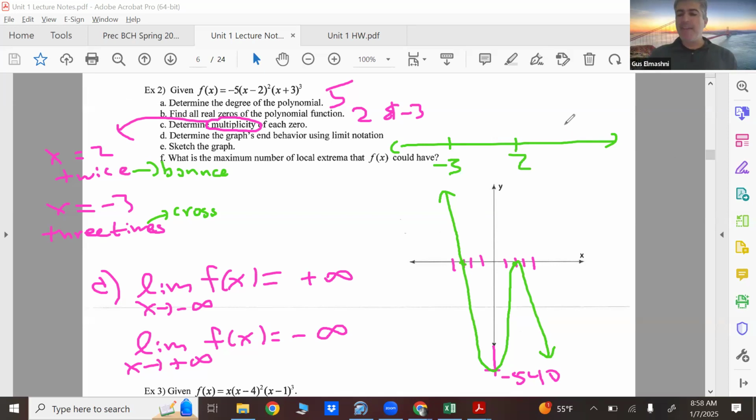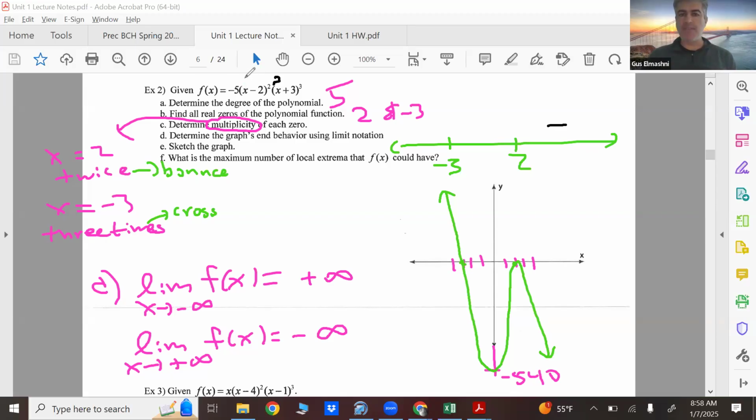I should know, but anyhow, if you were to plug in a number larger than 2, like say 3, for example, overall y would be negative. Correct? If I plug in 3 for x, (3 minus 2) squared is positive, (3 plus 3) cubed is positive, but times -5 makes it negative overall. What if I plug in something less than 2, but greater than -3? Let's say I plug in 1, for example. Well, you're still squaring x minus 2, right?